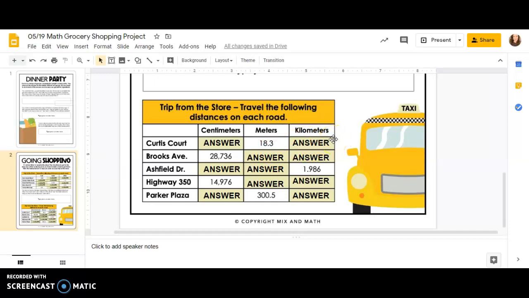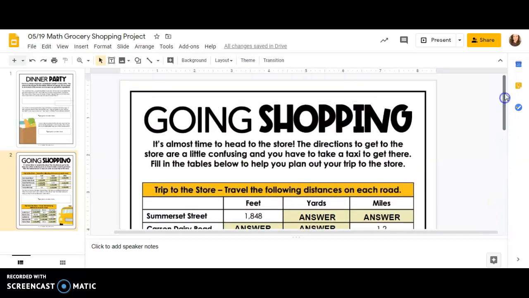So that will help you too to know if you're on the right track. So for example, if this number ends up being smaller than this number, then maybe something didn't happen right. Or like this one, if this is going to be a bigger number than the meters, then you did something wrong. So just keep that in mind. Use your common sense, I guess is what I'm trying to say.